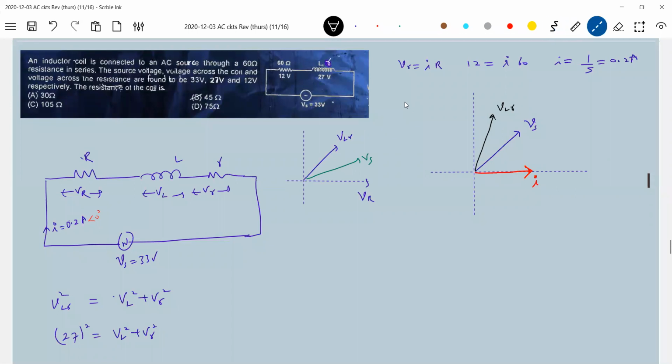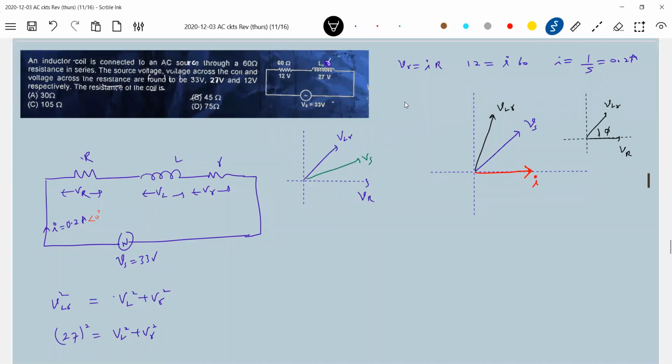So one more: what is the angle between? This, let me take it, phi. Okay, I think now I'm into the picture.